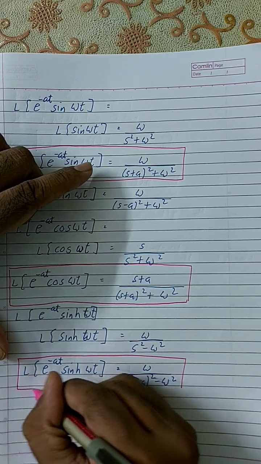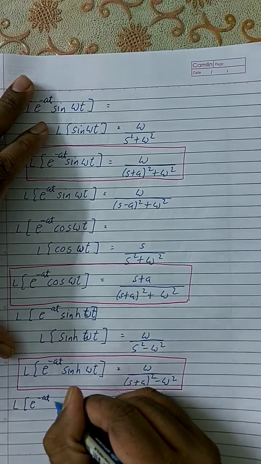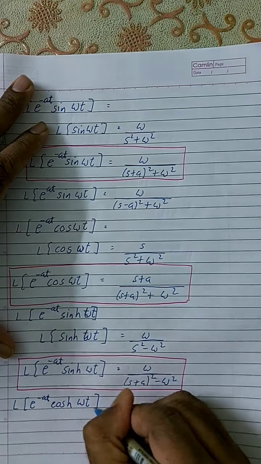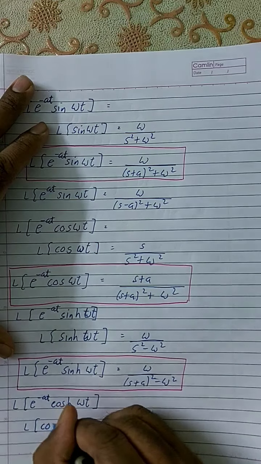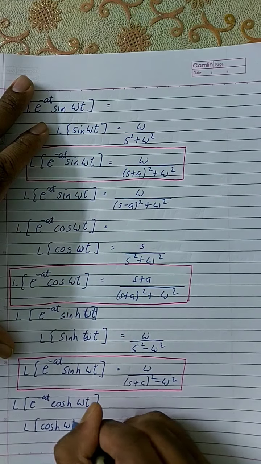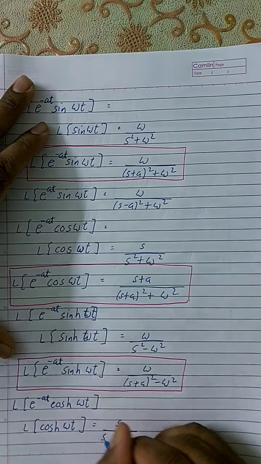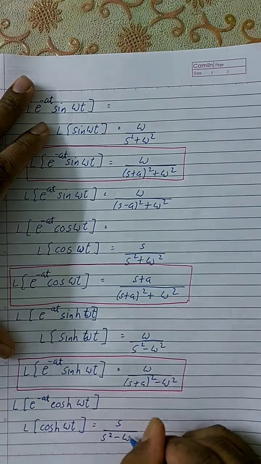Likewise, similarly, now you can find the Laplace transform of e raised to minus at cosh omega t. We all know that the Laplace transform of cosh omega t is given by s by s square minus omega square.